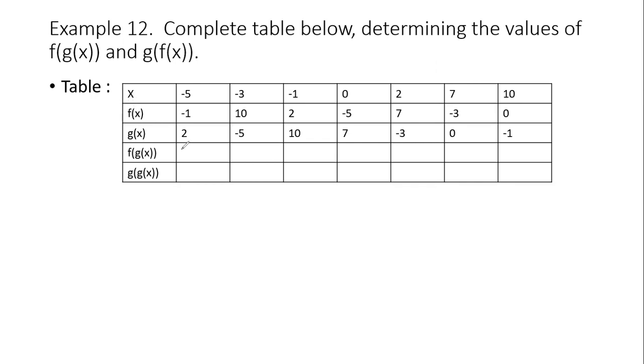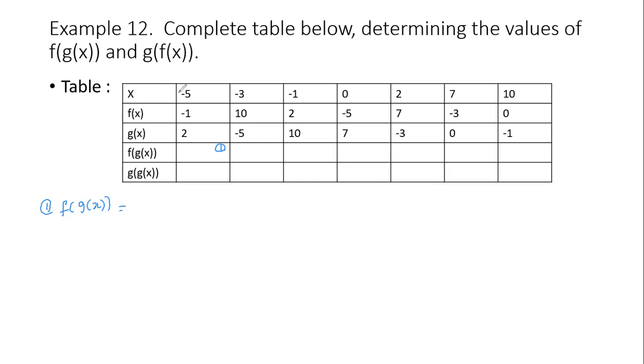Now look at this first element. Let's say this is number 1. How do we find number 1? We want f of g of x. In this first column, let's understand the table.